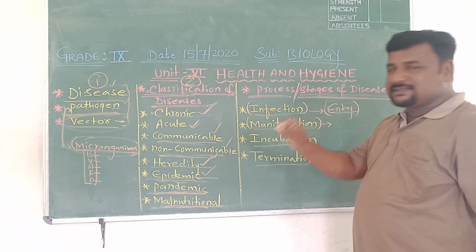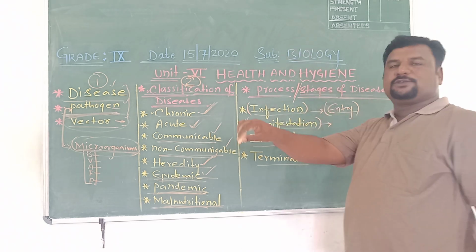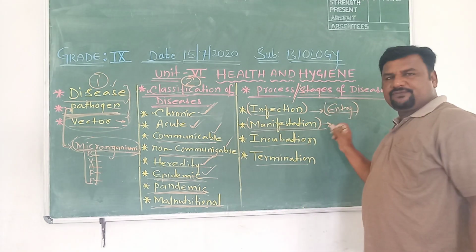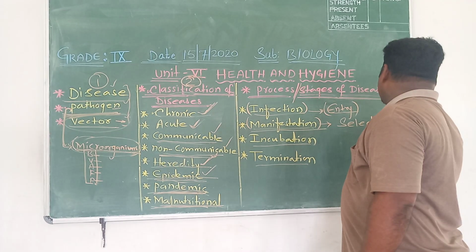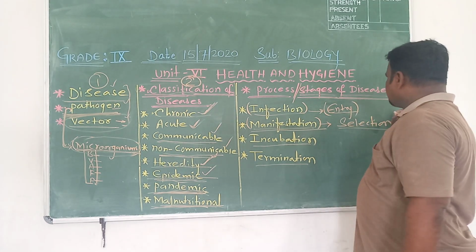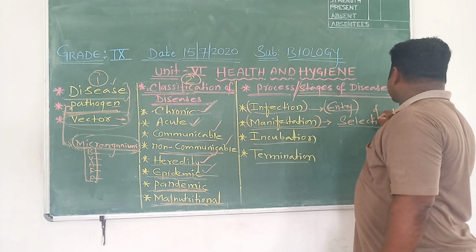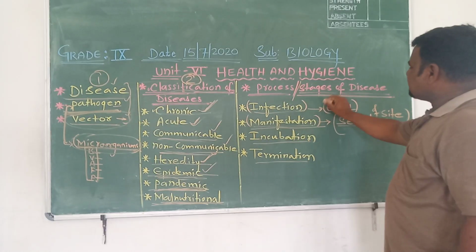So, selecting the site, selecting the place in the body of an organism which the pathogen has entered, is called manifestation. During manifestation, what happens? Selection of site by the pathogen. During infection, the pathogen enters into the body.